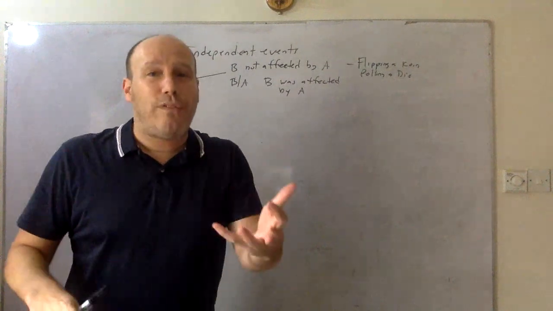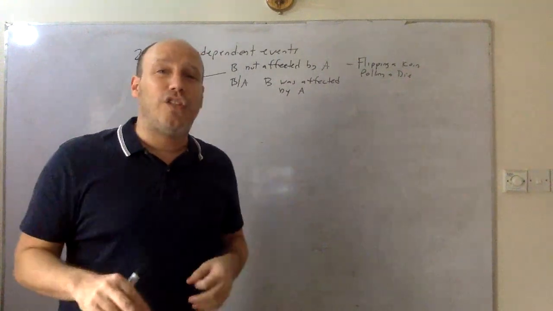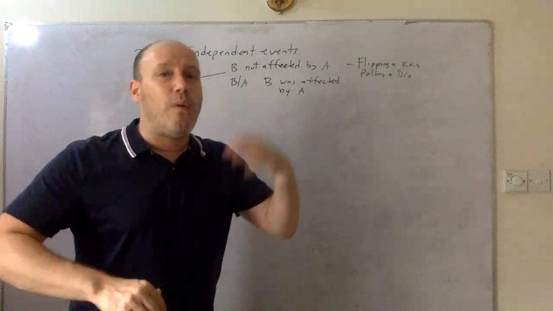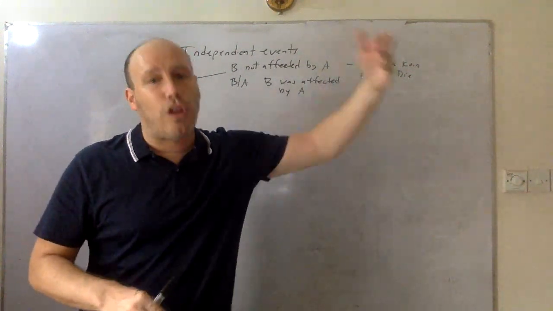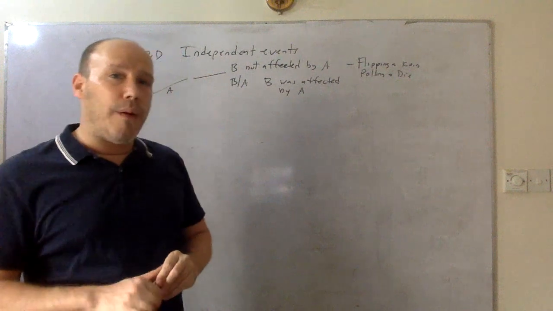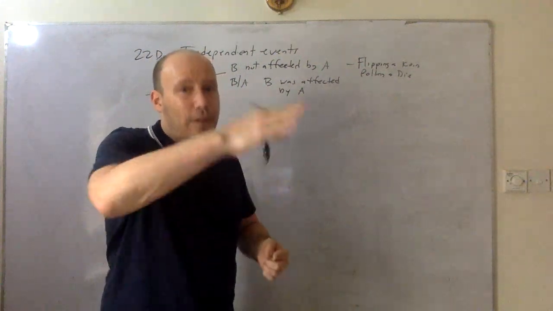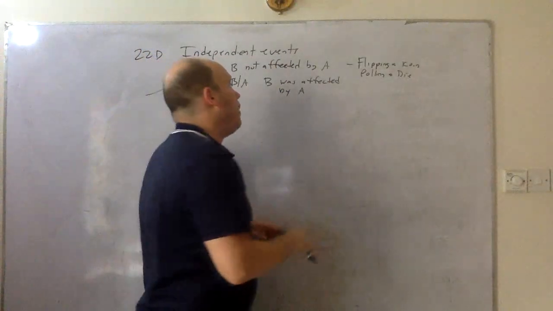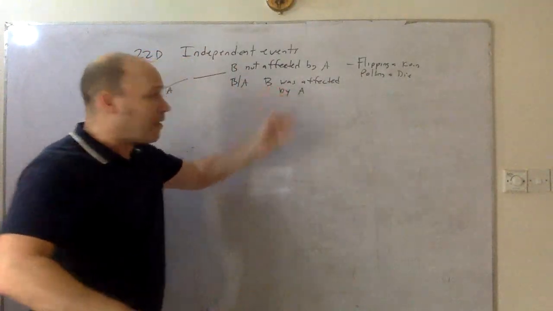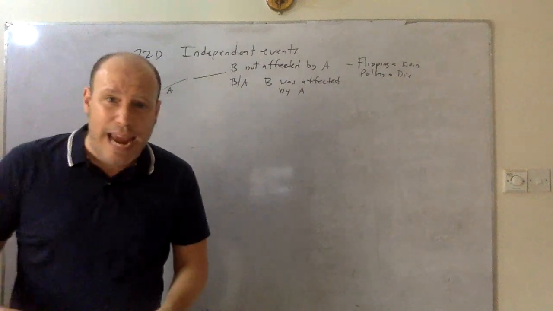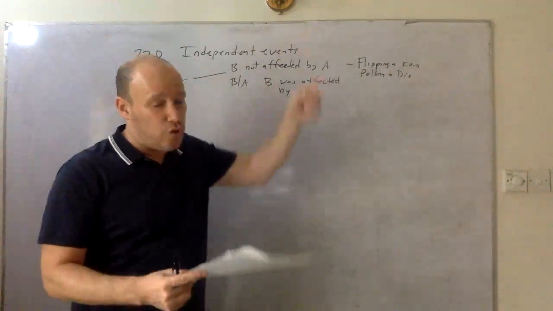If there's a 50% chance of having a boy or a girl, and you have a boy, what is the probability that you're going to have a girl? From the Punnett square, it's always 50%. It doesn't affect. B given A was affected. The idea is that whatever happened before affects a future probability.